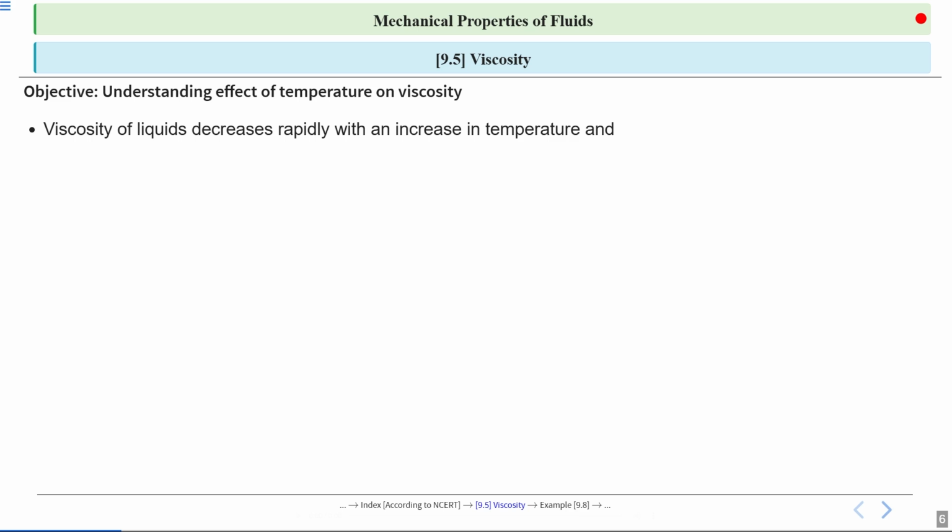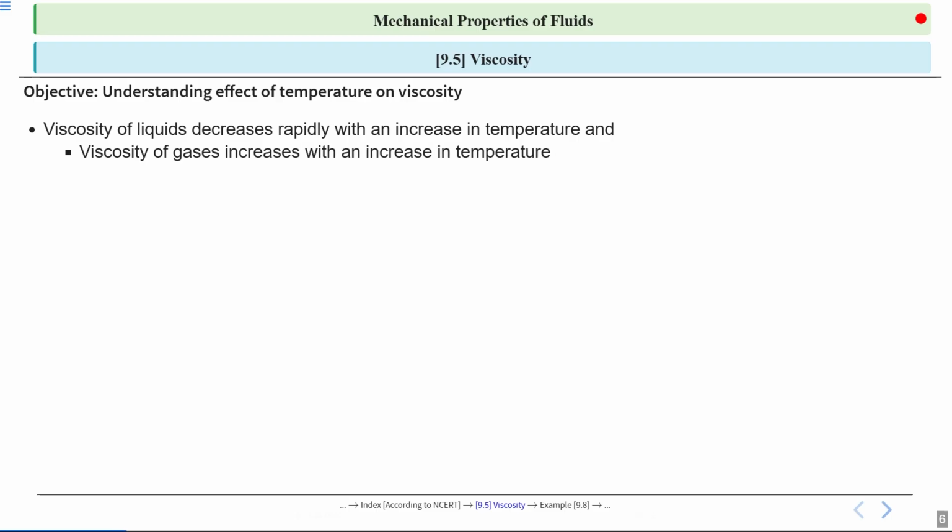Alright, this means that when you heat a liquid like warming up honey, it flows much more easily. The molecules move faster and can slide past each other more easily, so the liquid becomes less thick.